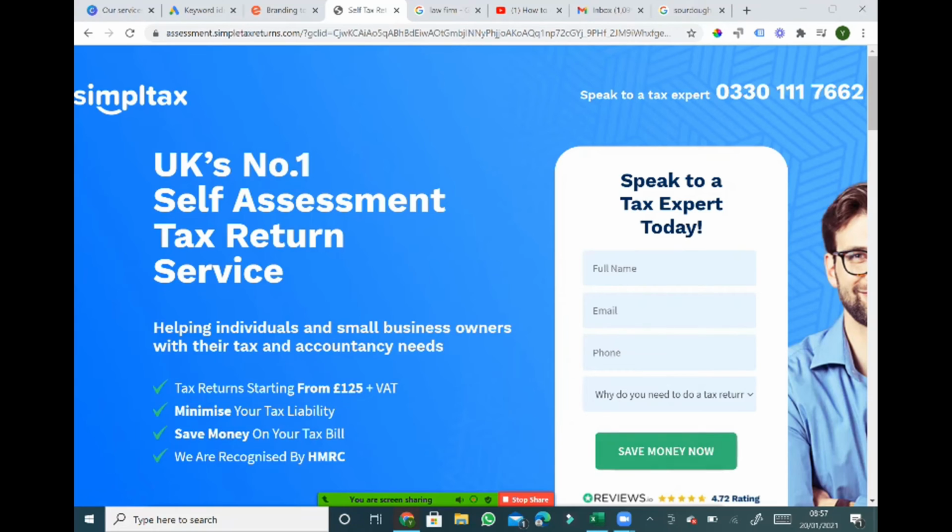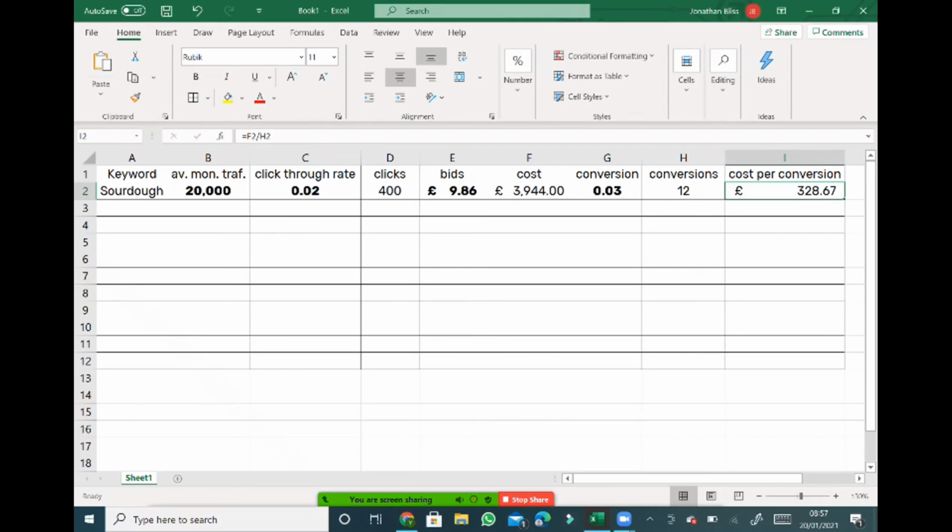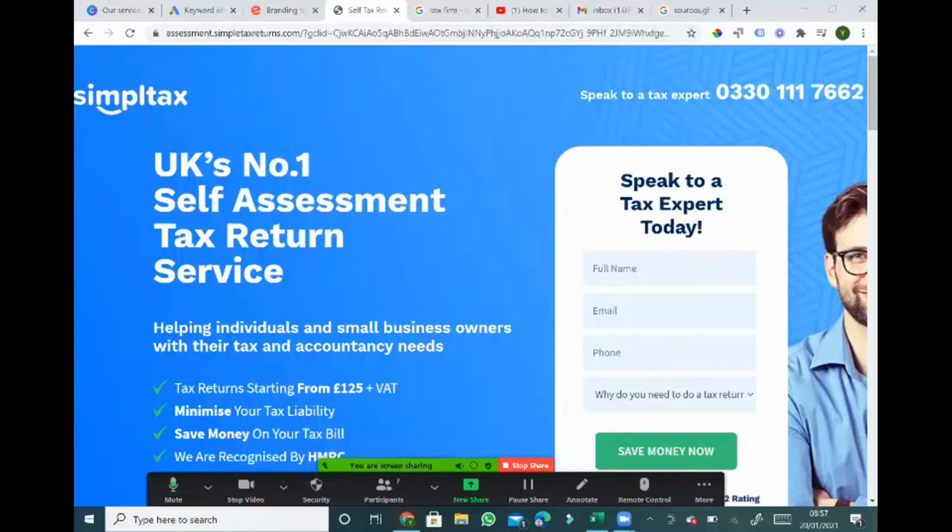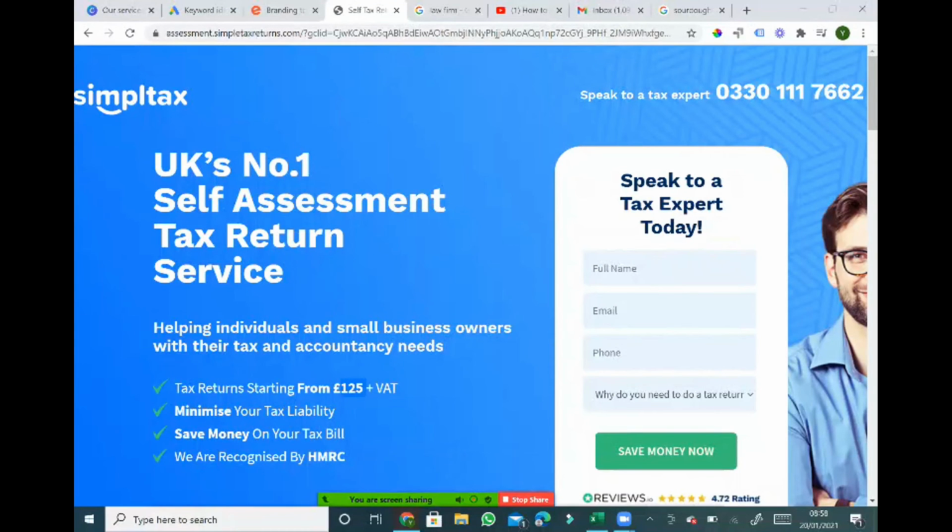That's really nice. Like £125, even if their maximum could be paying £328 per conversion there, probably the absolute max, if they're thinking they can get this customer and then get 3 years' worth of service out of them, that's that one potentially paid back.